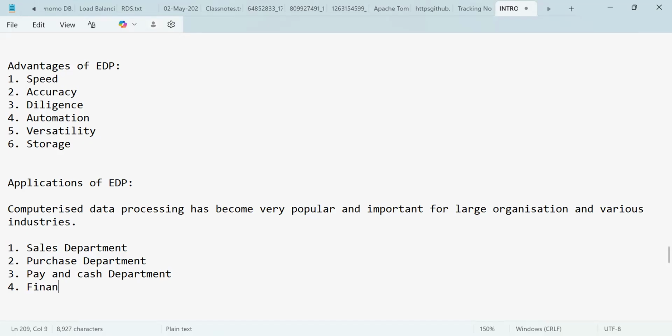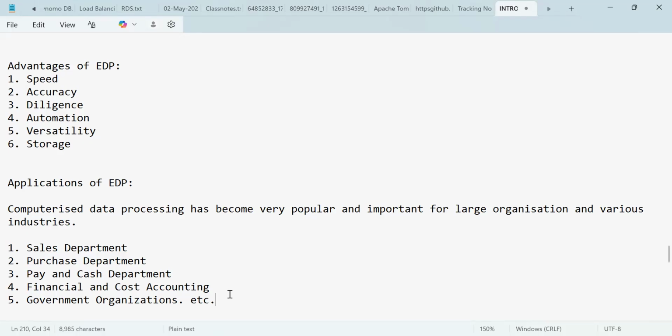And financial and cost accounting, government organizations, etc. So everywhere, EDP, electronic data processing, will be used.